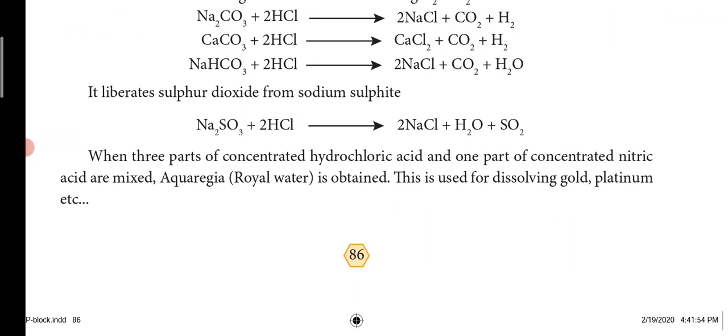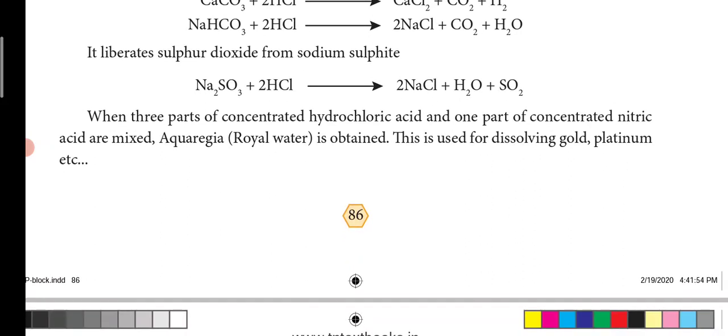When 3 parts of concentrated hydrochloric acid and 1 part of concentrated nitric acid, in the ratio 3:1, are mixed, whether 3 ml or 3 liters to 1 ml or 1 liter of nitric acid, you get a mixture called aqua regia, which means royal water.